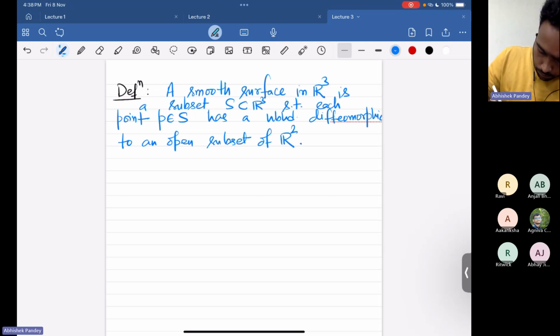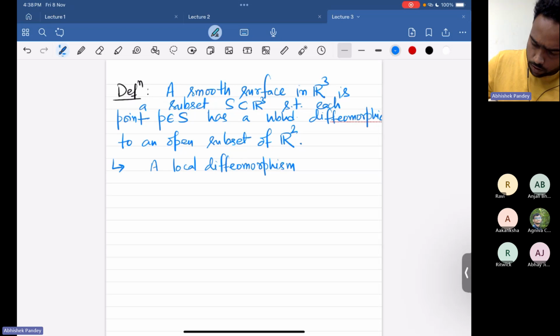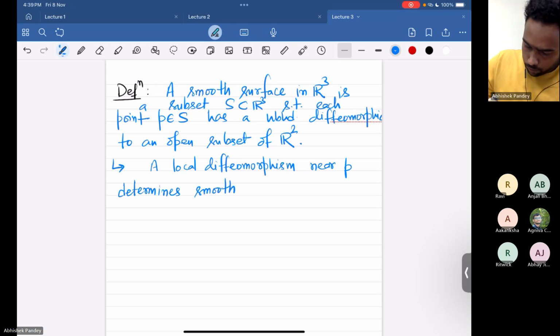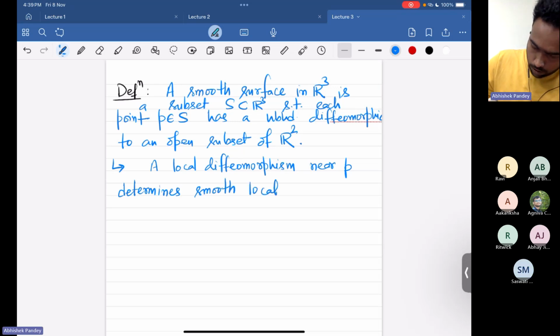So basically, a local diffeomorphism near P determines a smooth local coordinate.